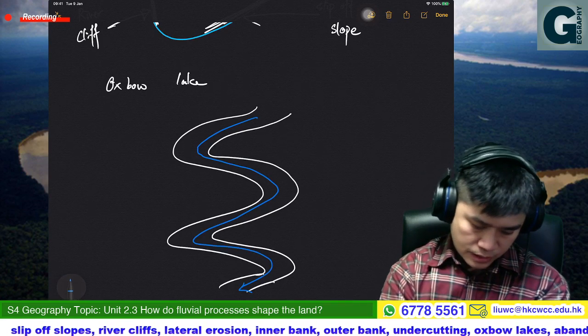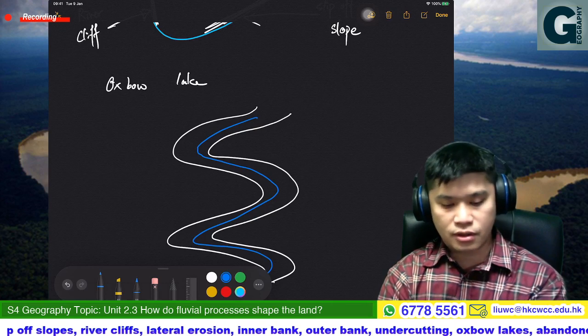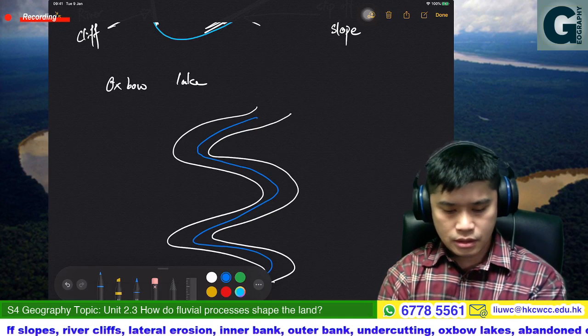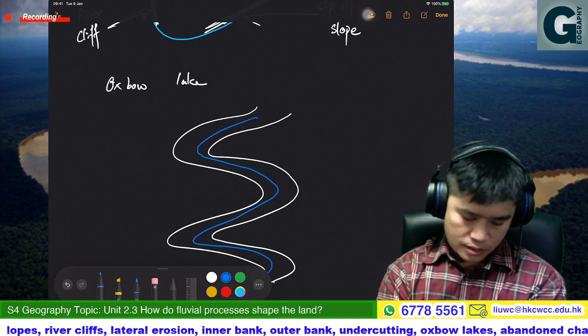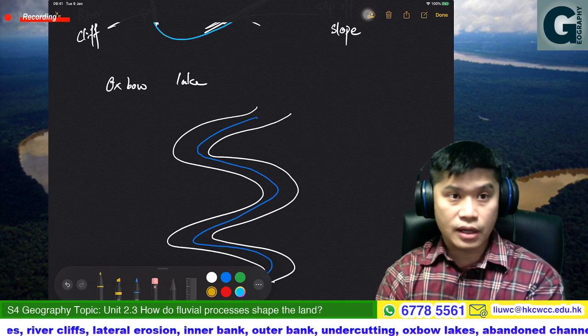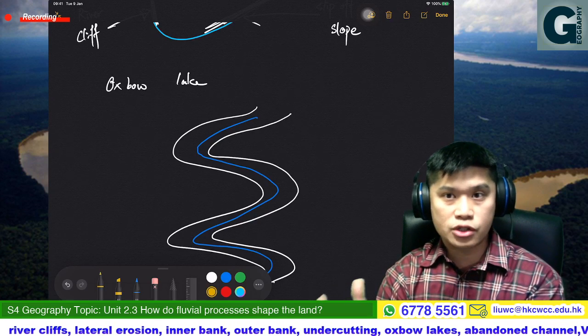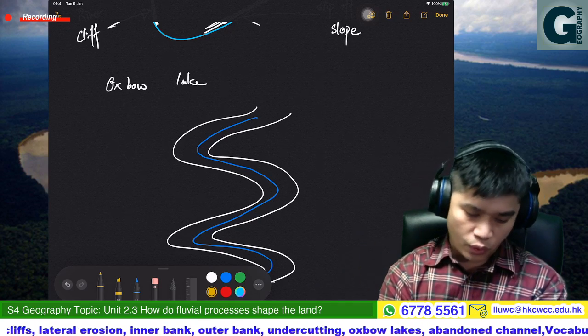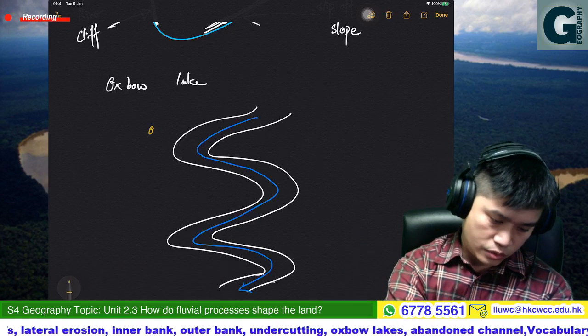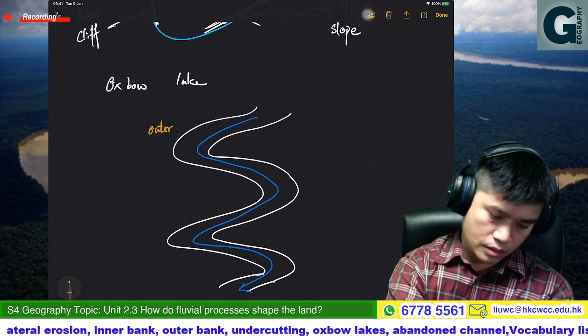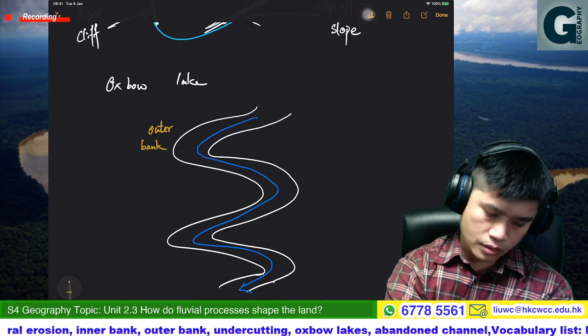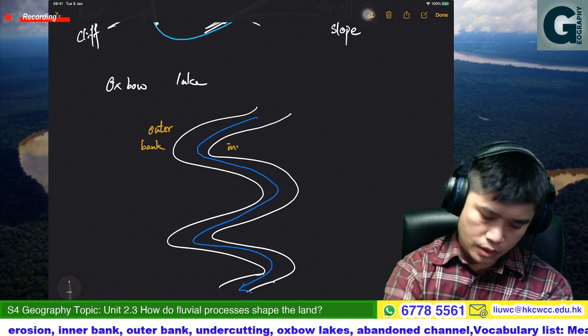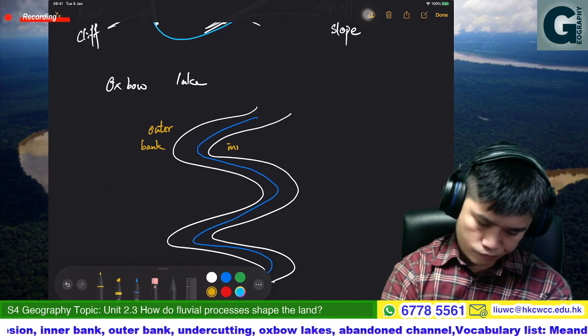For the formation of Oxbow Lake, it is also necessary for us to identify where the inner banks and the outer bank should be. For example, all this section is the outer bank. For the inner bank, I'll use another color maybe.